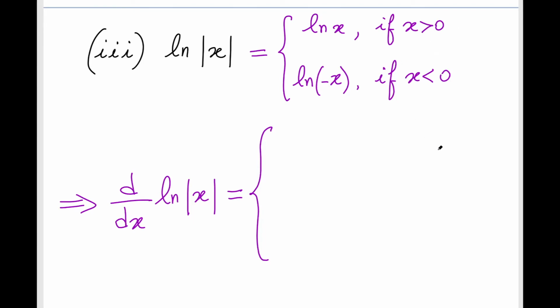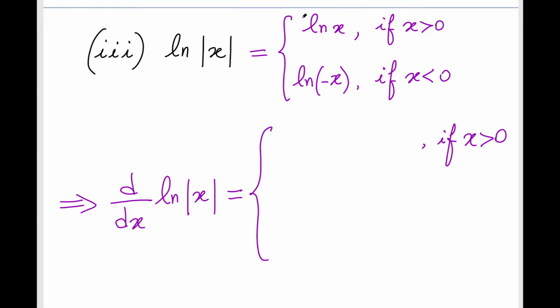When x is positive, what's the derivative of ln of x? So again, I'm differentiating ln of absolute value of x. Ln of absolute value of x is ln of x if x is positive. So under this condition, I'm talking about that. So differentiating this is the same as differentiating that under this condition, right?